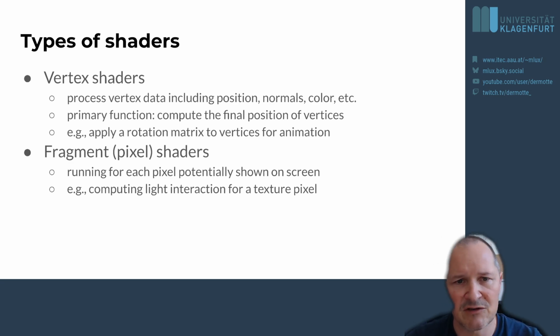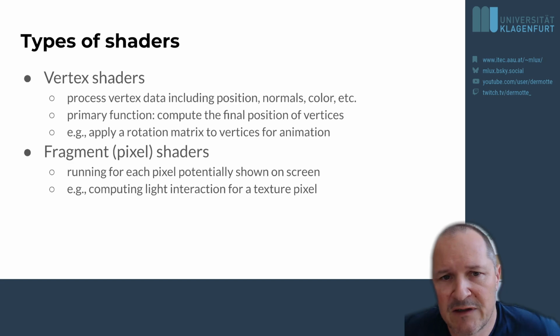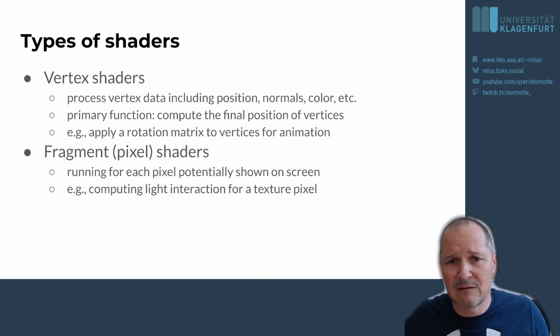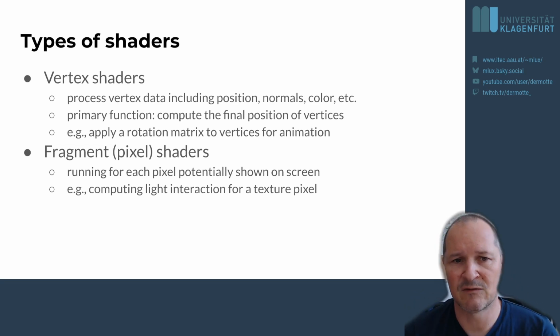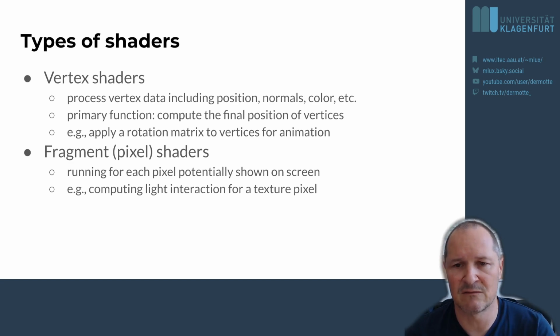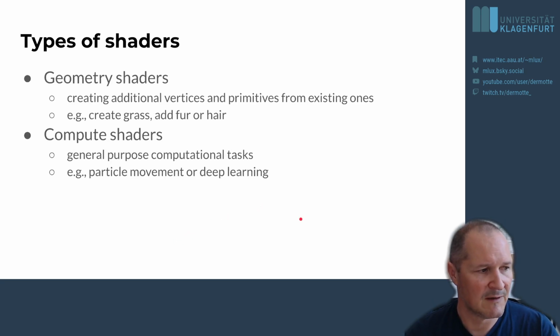And the fragment shader, or pixel shader, runs for each pixel potentially shown on the screen. The pixel can still be dropped, but it runs for those potentially on the screen, computing the light interaction for a texture pixel. So that's the basic idea, but of course you can do more.